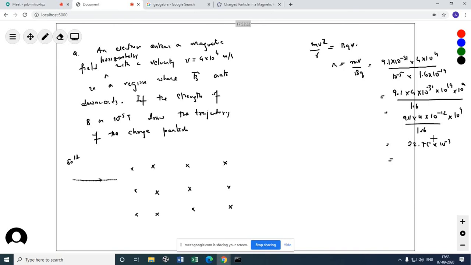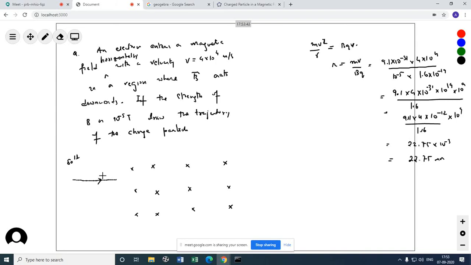We can keep it like this, 22.75 millimeter, right? So now what is the direction of this force?